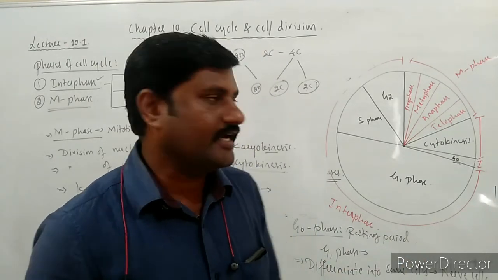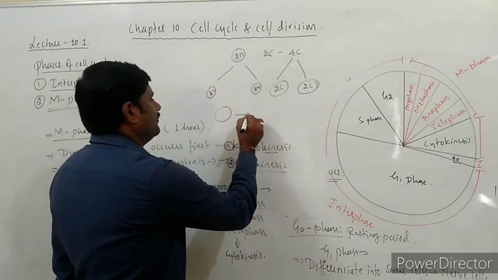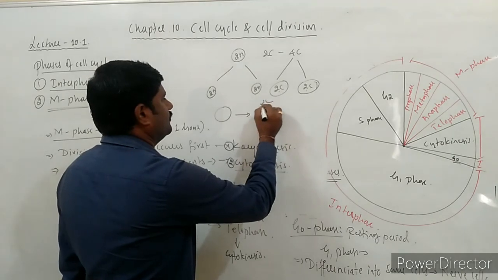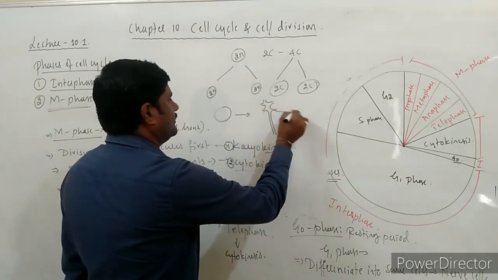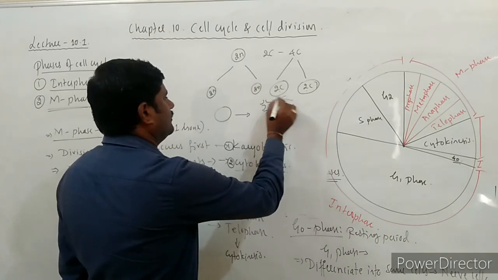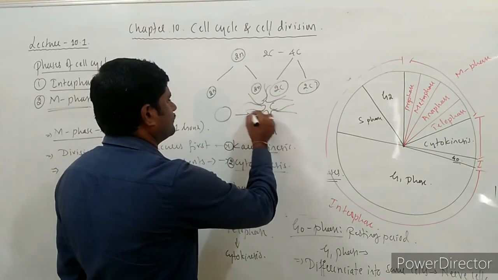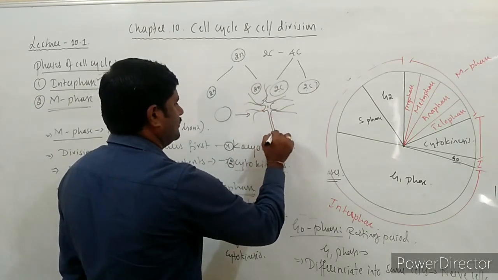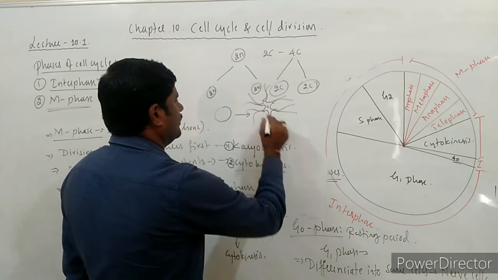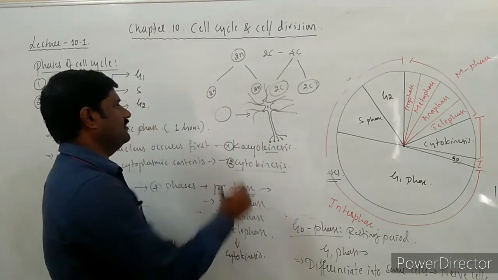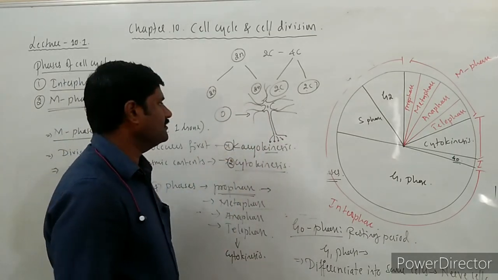Differentiate means that the normal cell converts itself into a different-shaped or permanent-shaped cell, and this cell ultimately forms the nerve cell. This is the normal cell in which metamorphosis takes place.